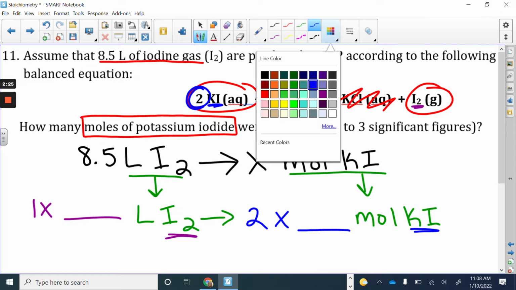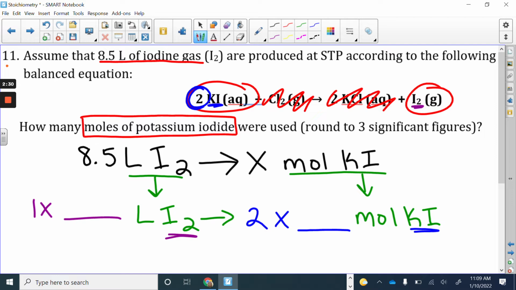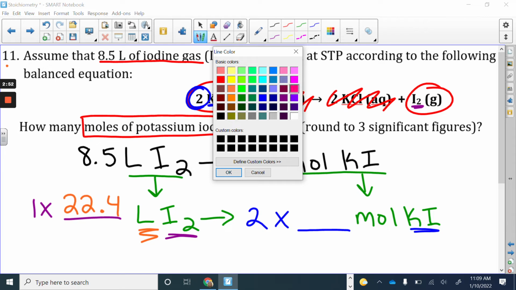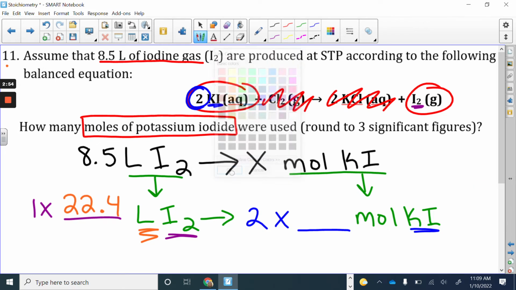Now it's time to fill in my blanks. In order to fill in my blanks, you need to look at whatever units they give you in the problem. Over here, we have the L for liters, which measures volume. Liters is always going to be 22.4. So anytime you see liters, 22.4 is going to go in that blank. Over here, you have moles, and moles is always going to be 1.